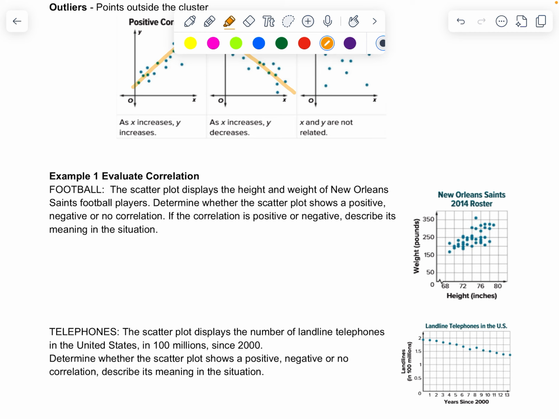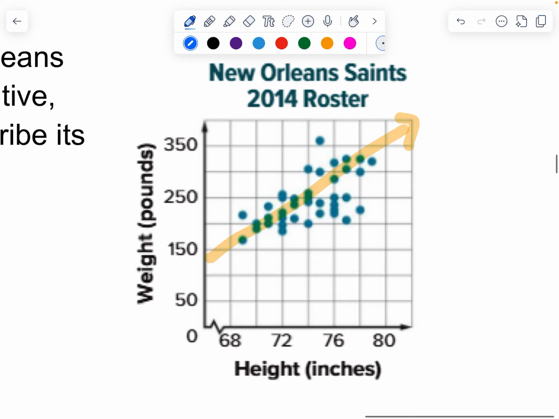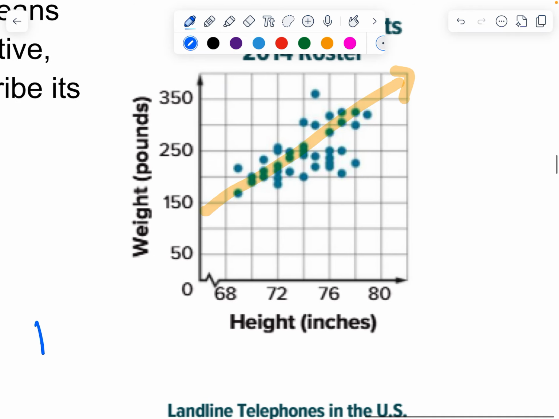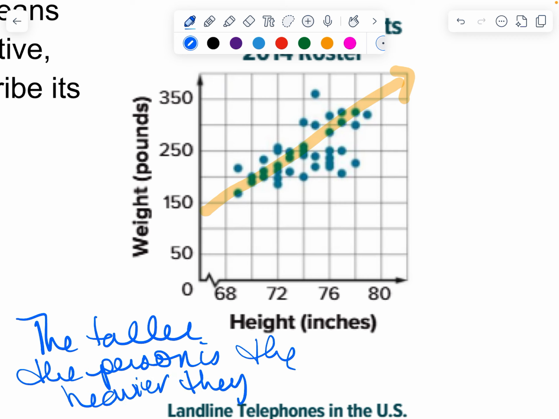Here we go. As we look at this, it's not super clear, but it kind of sort of goes this way, doesn't it? So what it's saying is the taller the person is, the heavier they are.